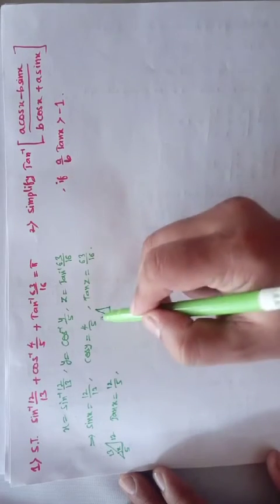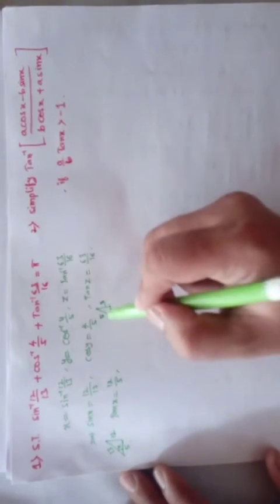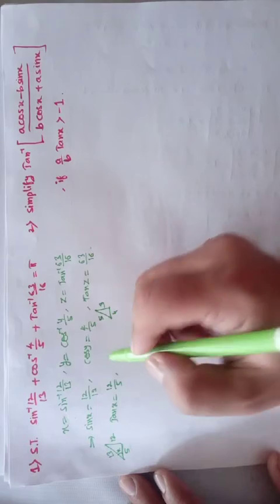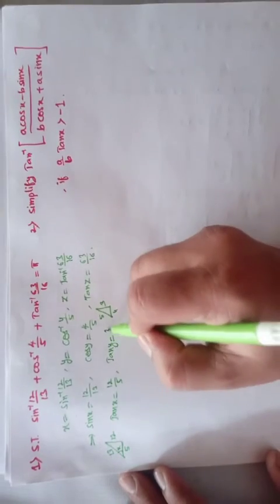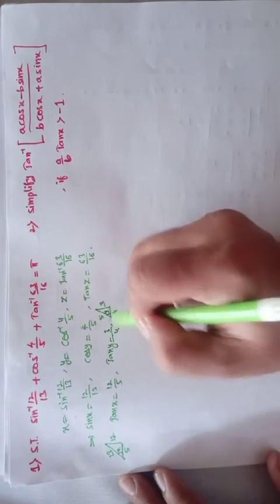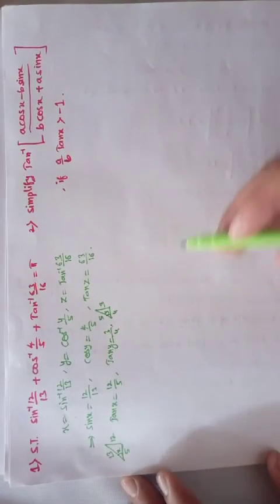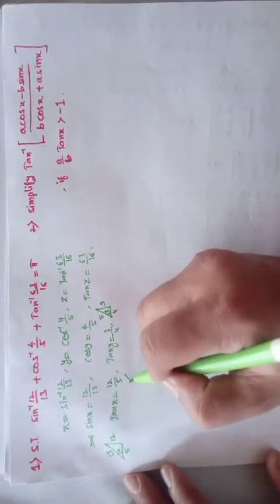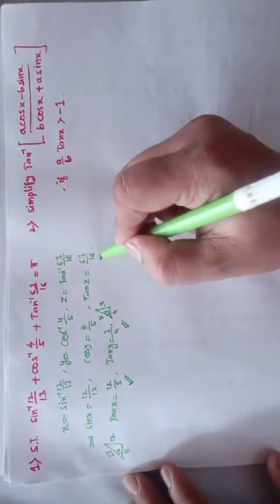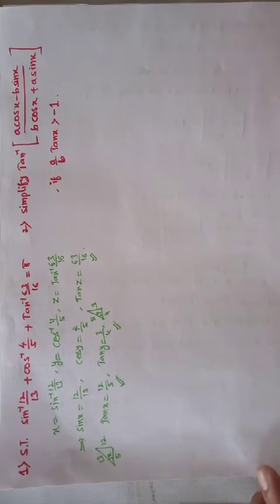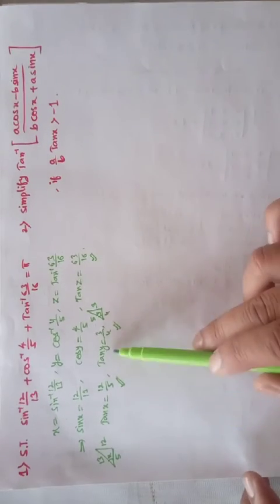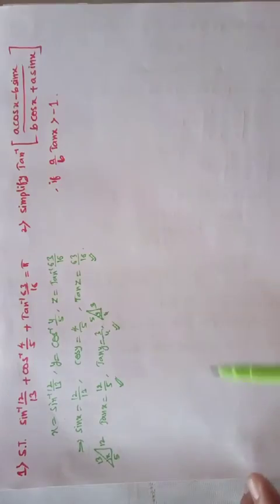So adjacent side is 4, hypotenuse is 5, and opposite side is 3. Then tan y is equal to 3 by 4. Now after completion of writing all of them in terms of tan, we're already written in terms of tan x, tan y, and tan z.